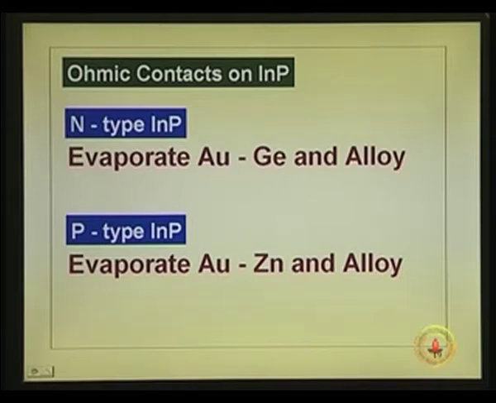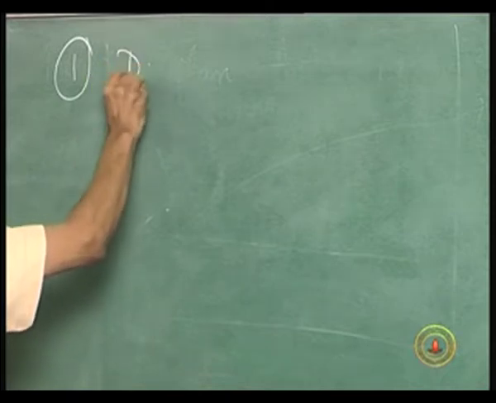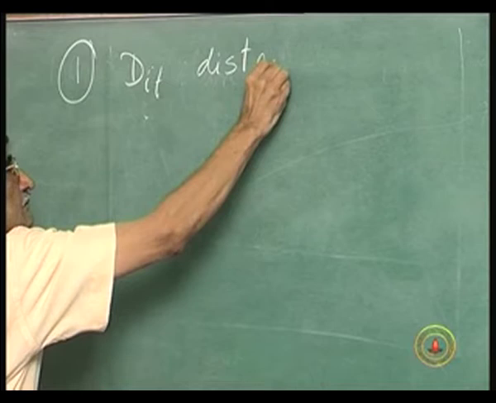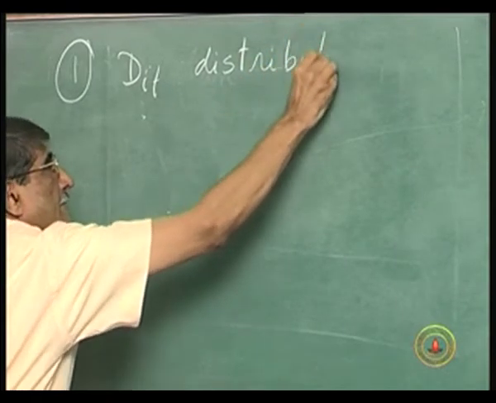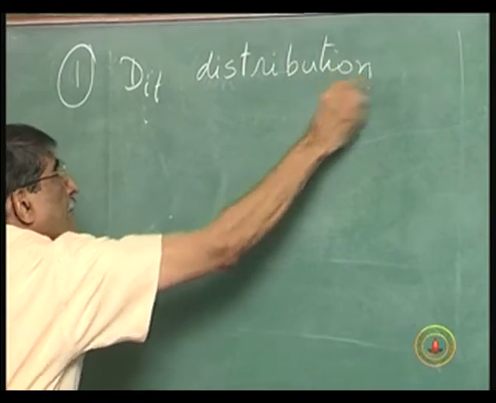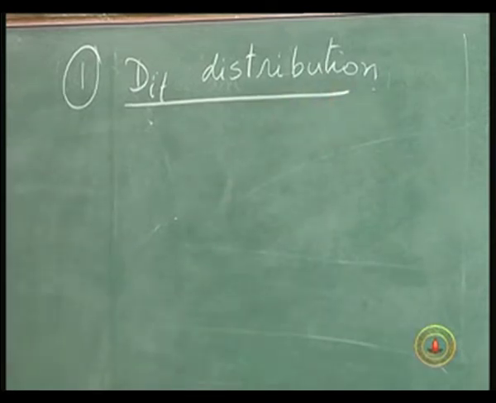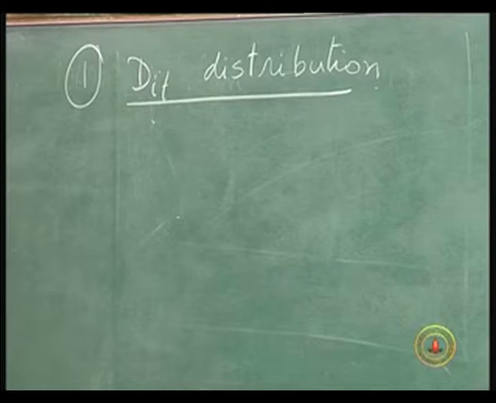Number one, what we said is the CIT distribution. I promised in the last lecture that we will discuss this sometime. So, I got some time here to discuss this.